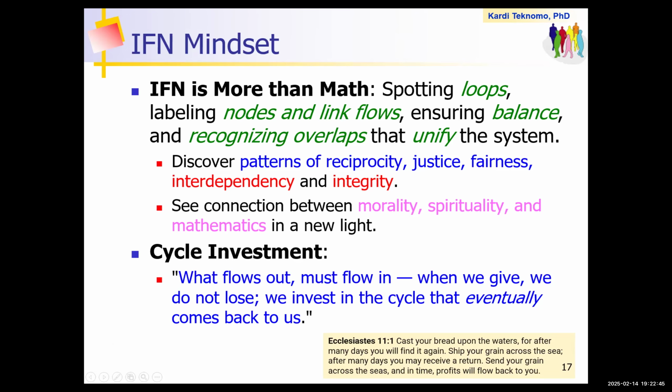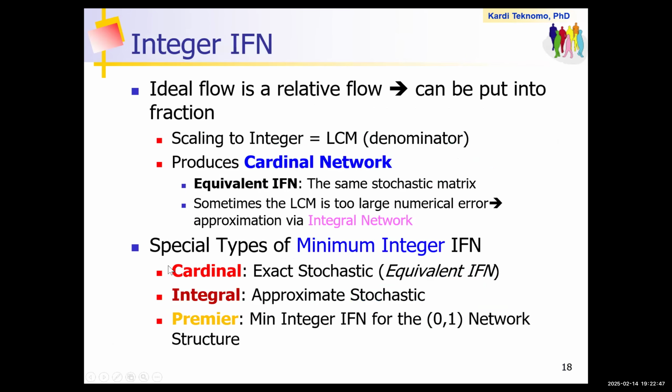A while ago we already discussed cardinal IFN, right? And later we will discuss in more detail premier IFN. What is premier IFN? In using cardinal IFN, you know the stochastic matrix, which is equivalent to IFN a while ago.